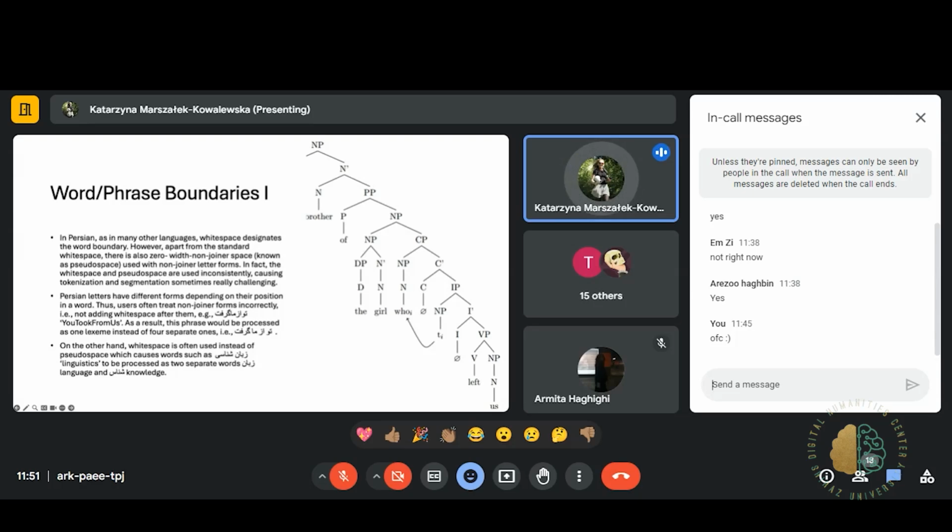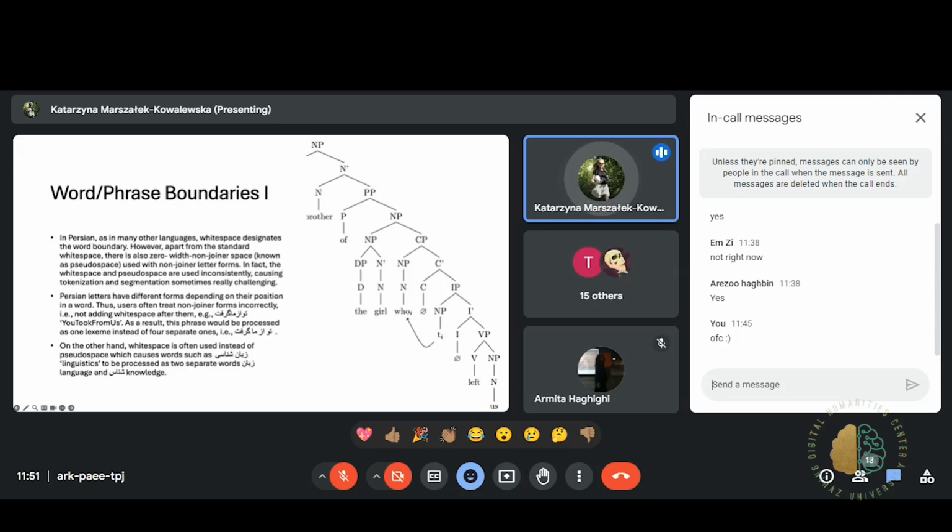And this one is used with these non-joiner letter forms. In fact, the white space and pseudospace might be used inconsistently, which can cause, as you can probably imagine, inconsistency when it comes to tokenization and segmentation.